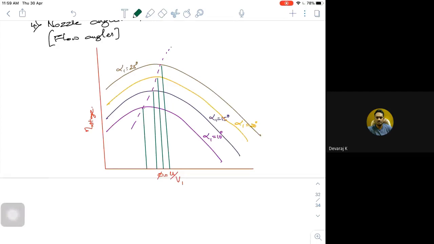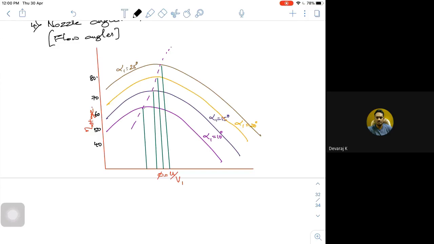You can't go beyond it. For all those, if I plot it, what will be the efficiency? On the left-hand side I have stage efficiency of some 40%, 50%, 60%, 70%, 80%. That's it. Don't expect the stage efficiency to be 90, 95, 100%.